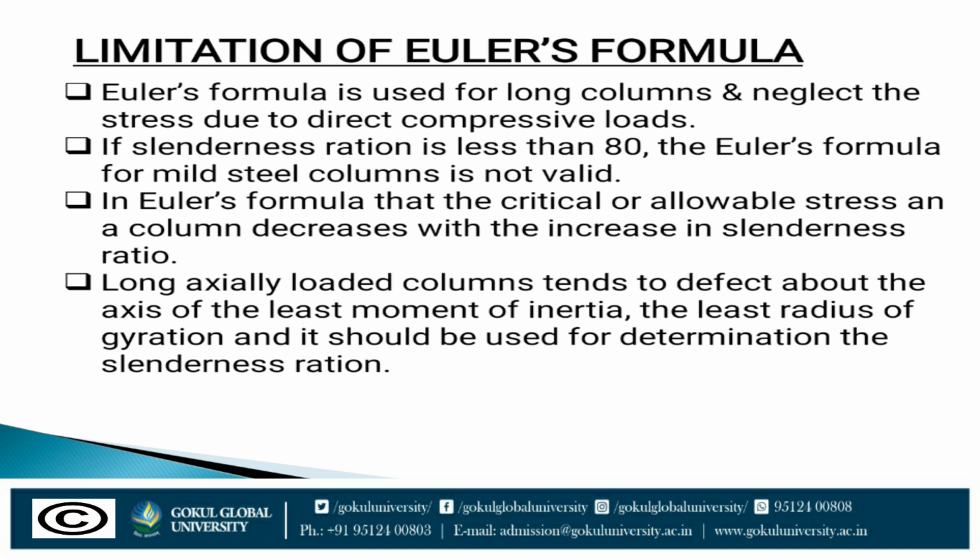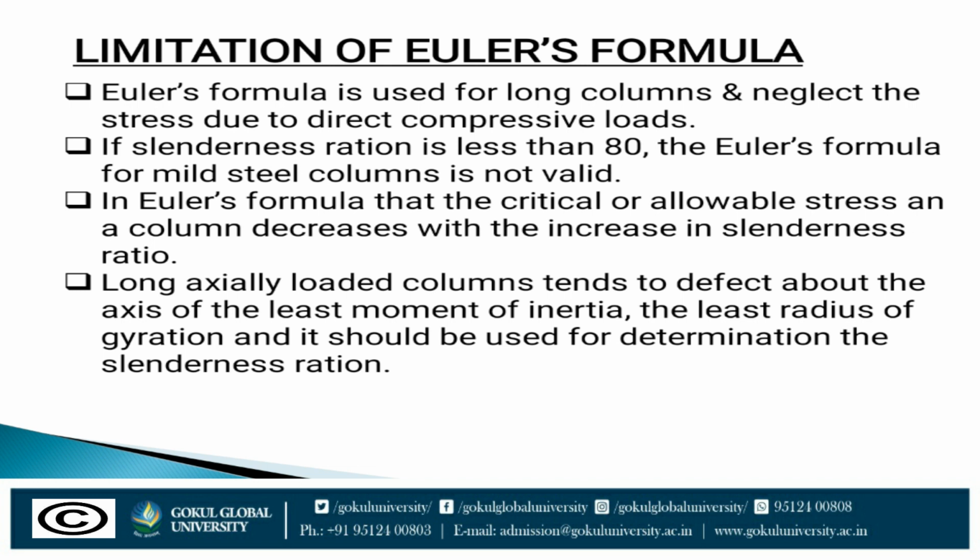There are limitations of Euler's formula. Euler's formula is used for long columns and neglects the stress due to direct compressive load. If the slenderness ratio is less than 80, Euler's formula for mild steel columns is not valid.